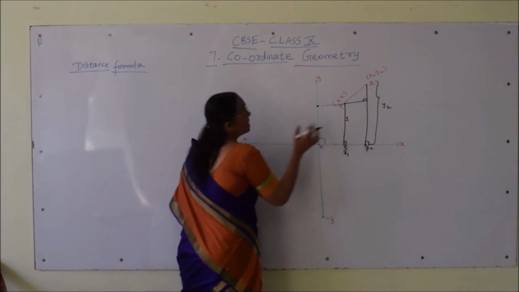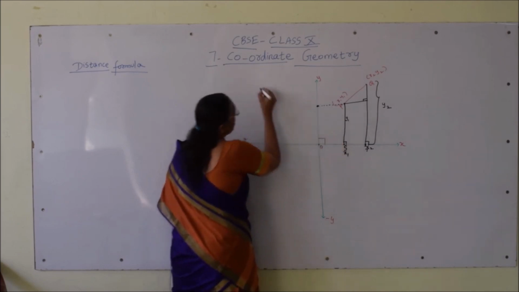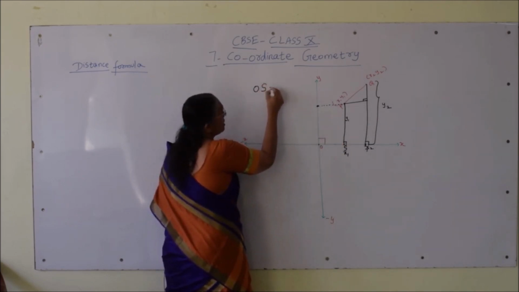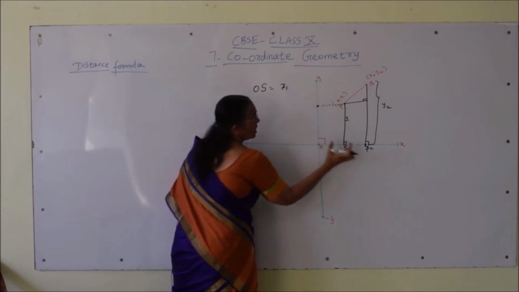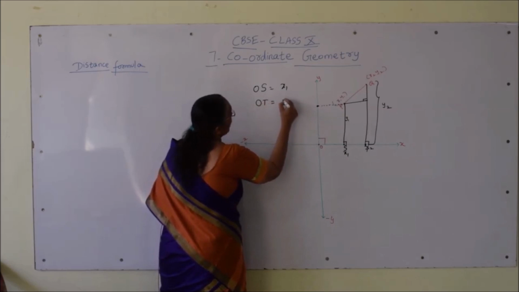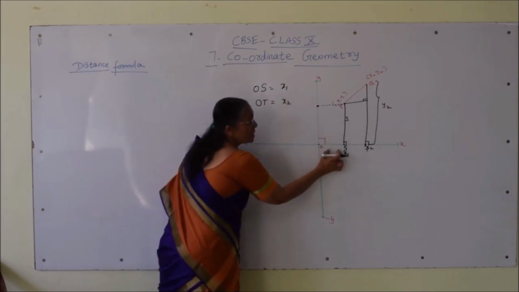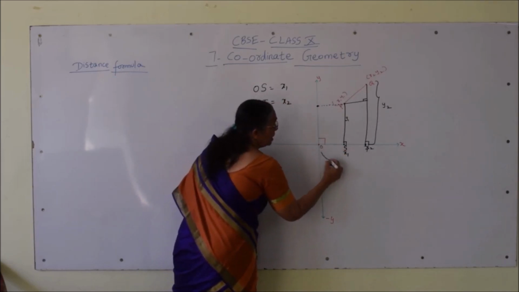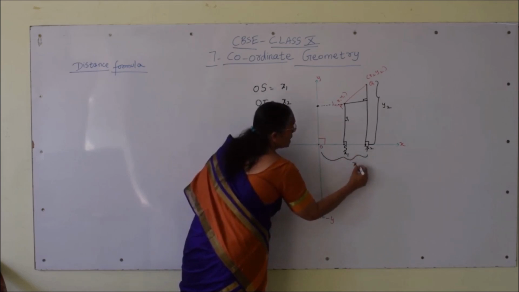Now what is the distance OS? The distance OS is x1. And what will be OT? OT is x2. This distance OS is x1 and the whole distance OT is x2.